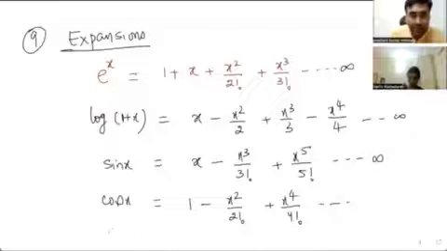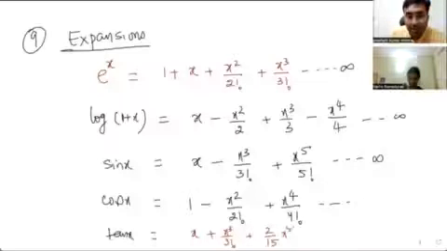And so on. Then we have tan x. Tan x will be x plus x cubed by factorial 3 plus 2 by 15 x raised to the power 5.